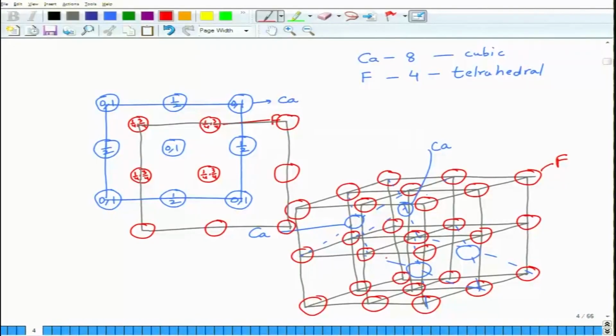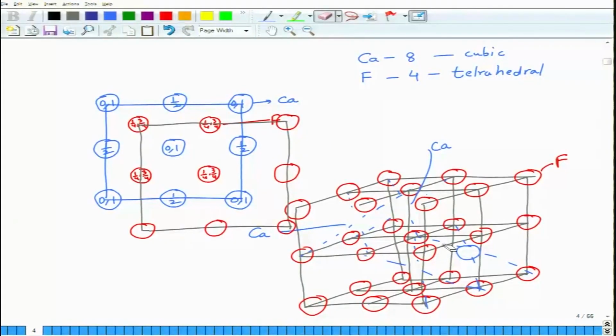There is a mistake I have made here, I think. This atom will, sorry, let me just rub it out, let me remove this blue atom here. So, you have one blue there.